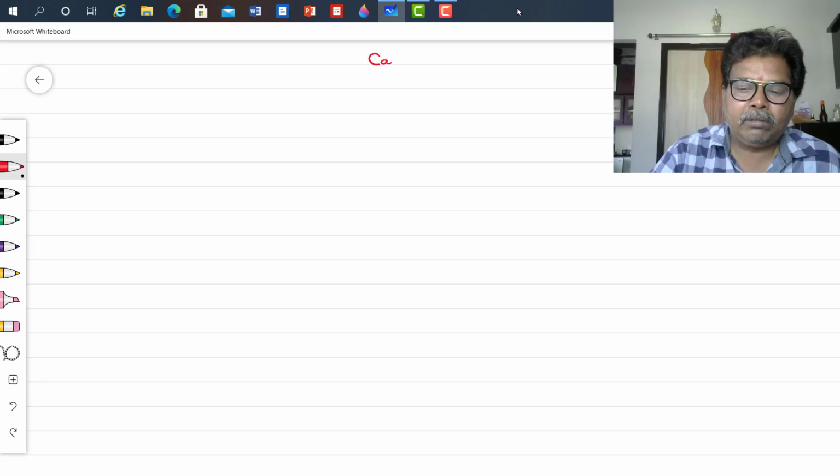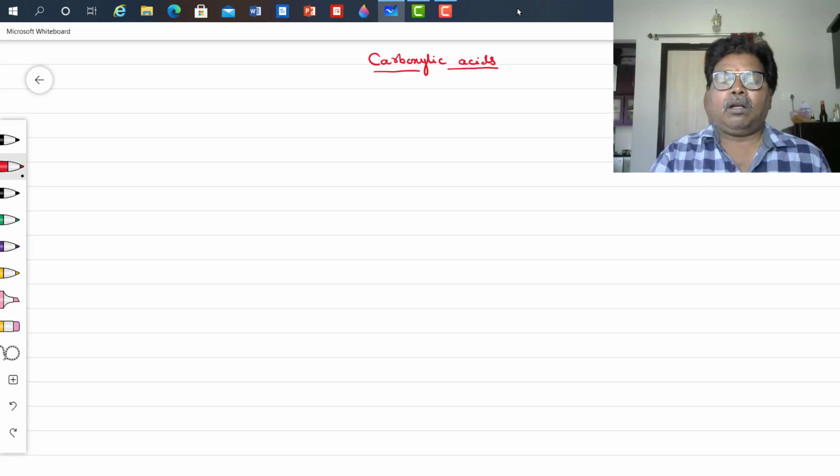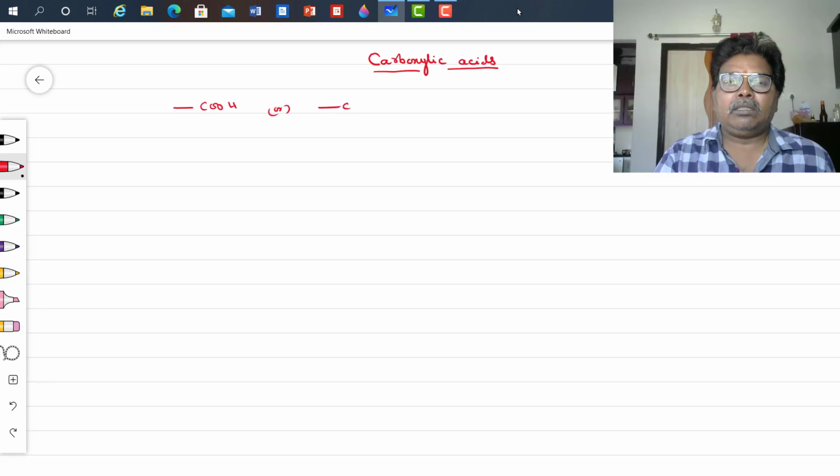Carboxylic acids. The carboxylic acid functional group is the COOH group, or you can write it as C double bond O and OH.